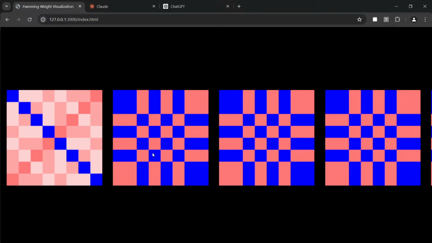You could randomly generate layers, and it would just highlight, I guess.